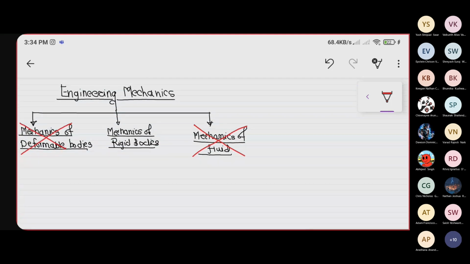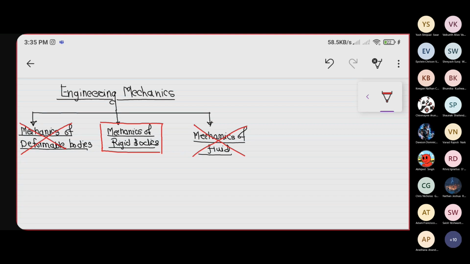So now what are you going to study in this chapter? You are going to study mechanics of rigid body. What is meant by rigid body? I will tell you, it's very simple. A rigid body is a body which consists of a large number of particles, and its shape and size does not change, or its particles do not change their position whatever force is applied.